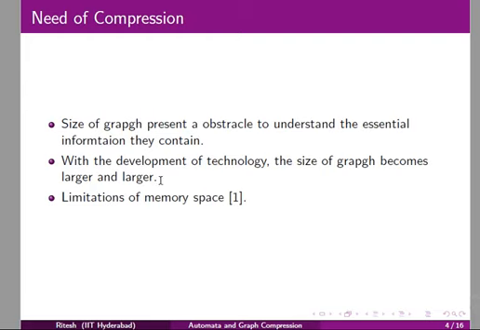With the development of technology, the size of graphs is becoming larger and larger. One survey report says that graph sizes are on the order of hundreds of petabytes. We also have limited memory space, so we need to compress the graph so that we can handle it very easily and traverse our data in an easy manner.